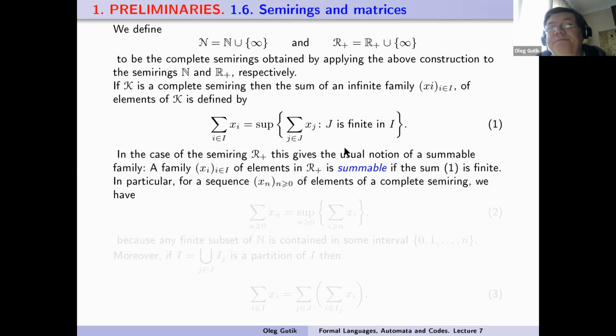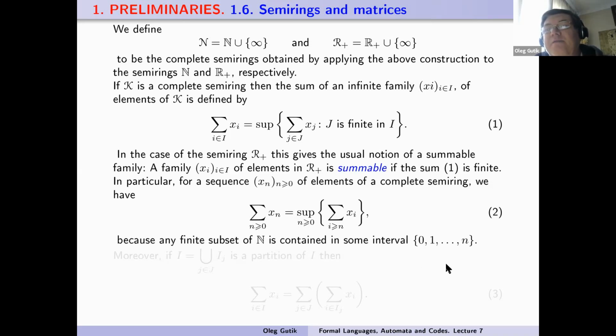In particular, for a sequence x_n of elements of the complete semiring, we have that the sum of x_n is equal to the supremum, because any finite subset of the set of natural numbers is contained in some interval from 0 to n.